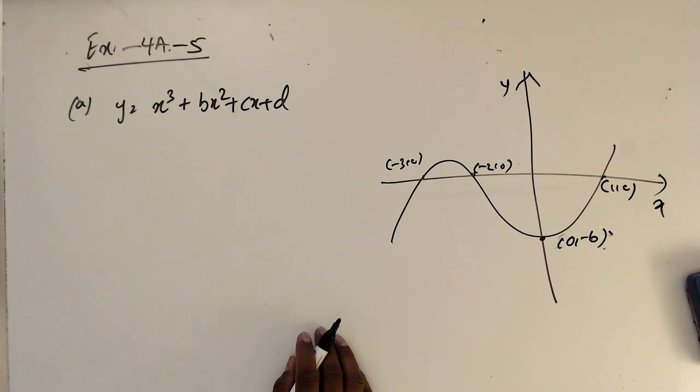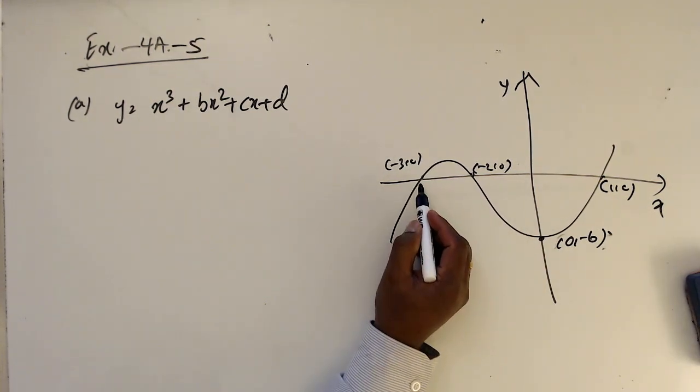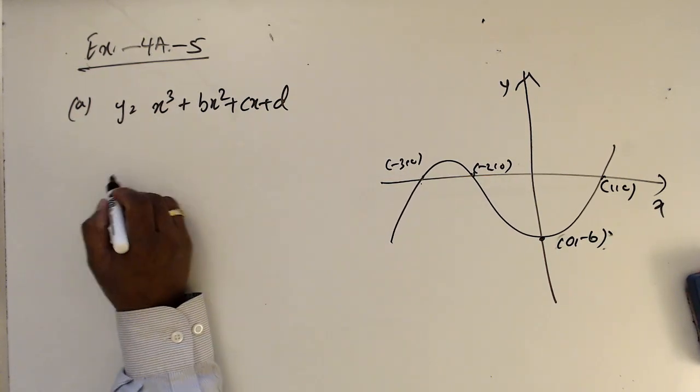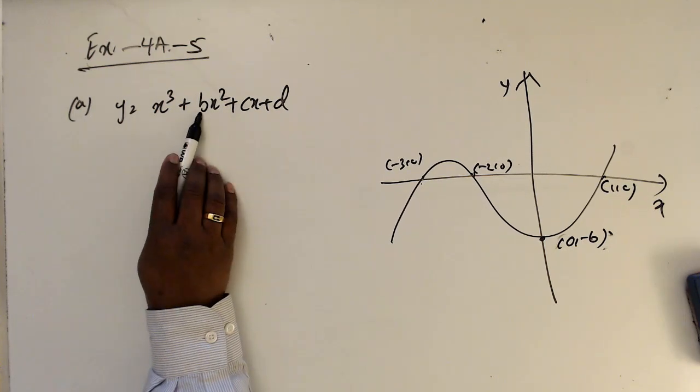Okay, now we have to go backward. We know that there are three roots.